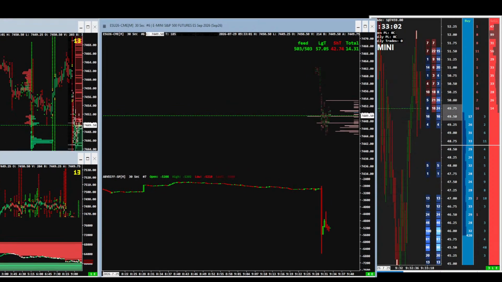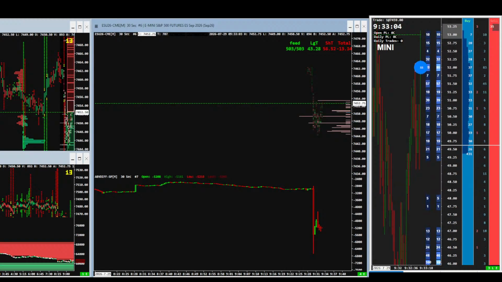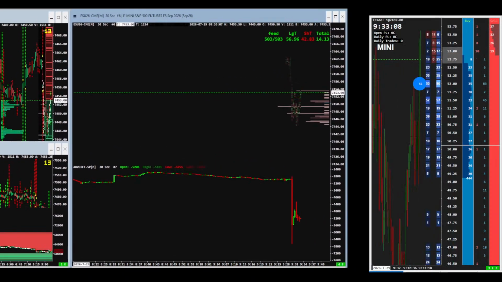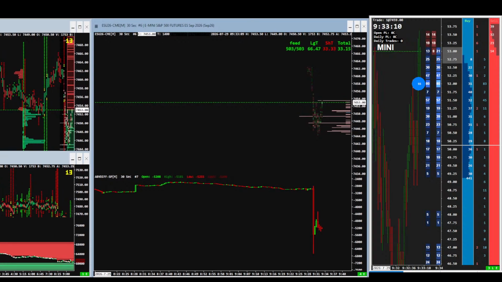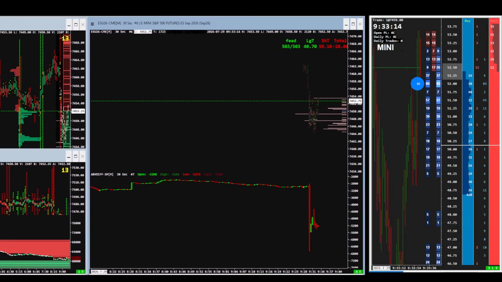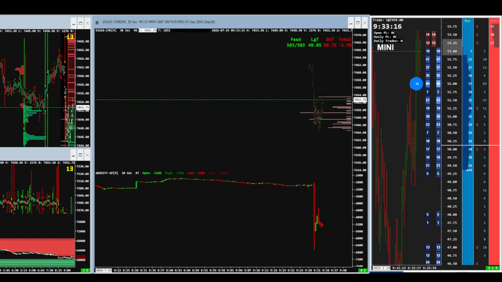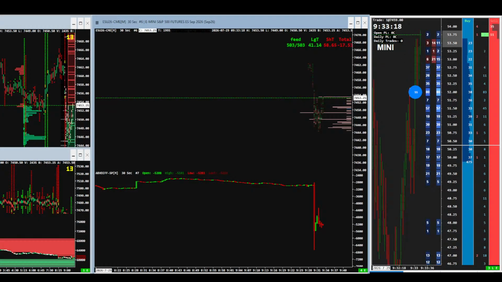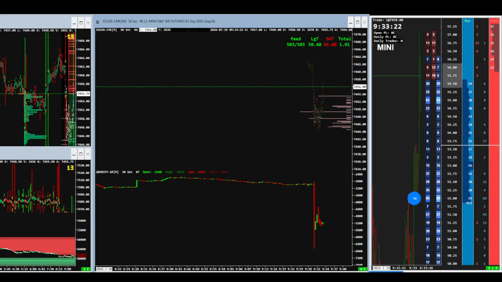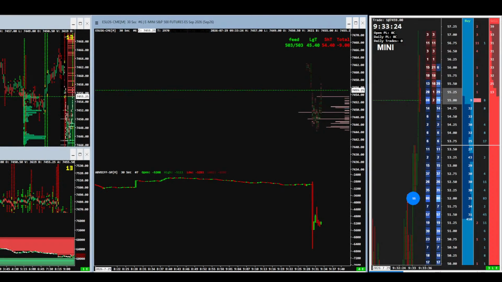So the pink means it's under 5 minutes for the freshness of the weights that are flickering. And they're pushing up through the dump that happened.